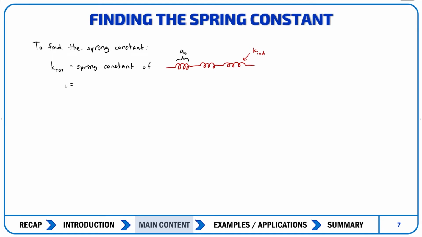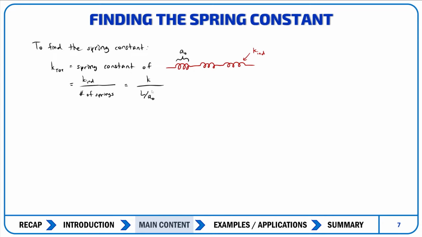So K total is then going to be our individual spring constant divided by the number of springs. And that gives us K divided by the total length, especially if this is linear, the total length divided by how long each length is to get the total number of springs that are present.